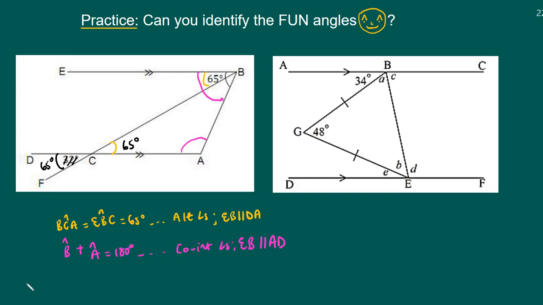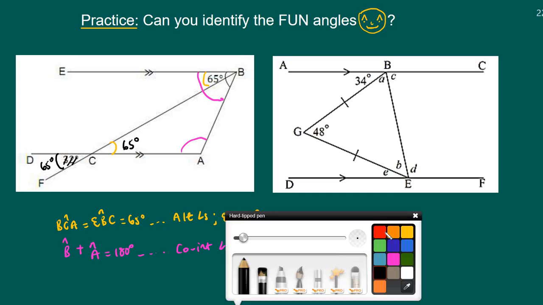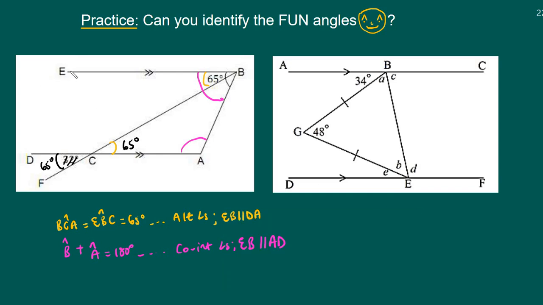The B under 65 corresponding to the C. Yes, sir. Can you name them so that I know which angle that is? EBA. So you are saying this whole angle.